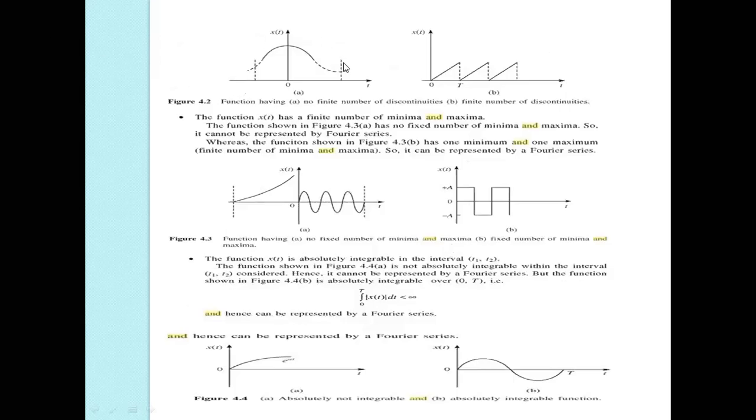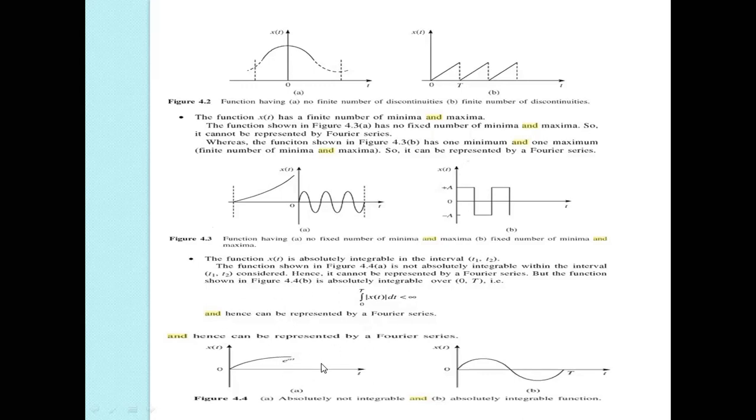In the first one there are no finite discontinuities, and here there is a finite number of discontinuities, repeated again and again. Here there are fixed maxima and minima, finite peaks. In the first diagram there are no fixed maxima and minima, there are changes here and there, but here there are fixed maxima and minima, the peaks.